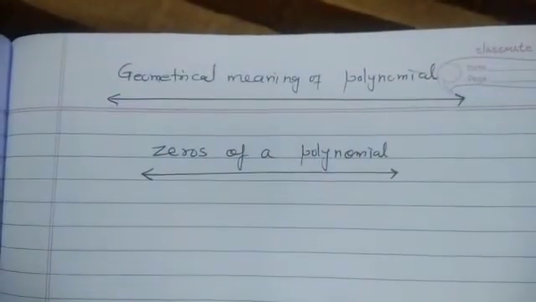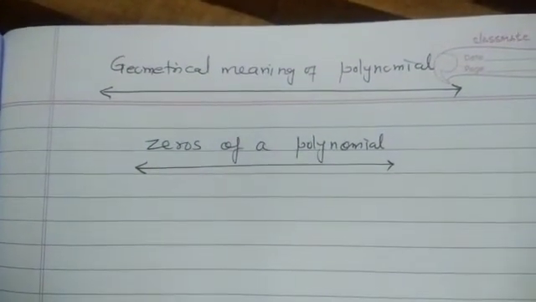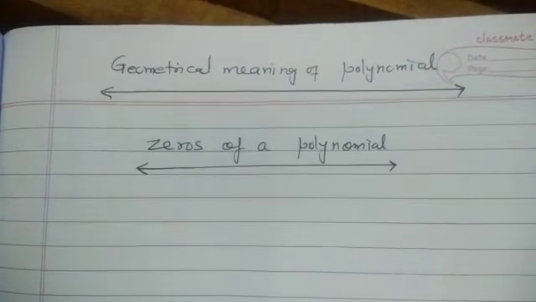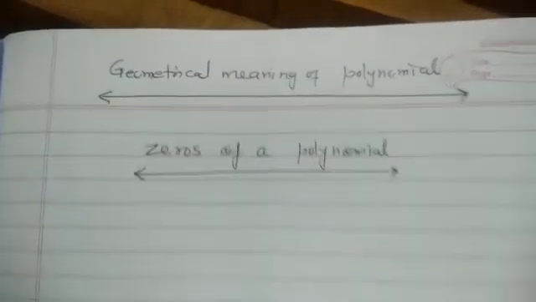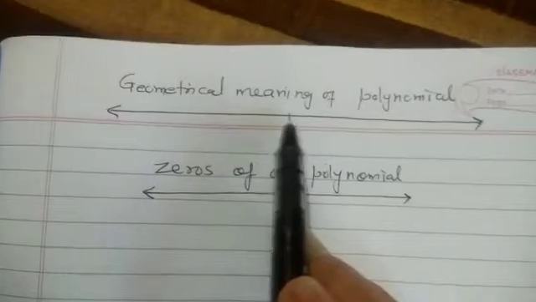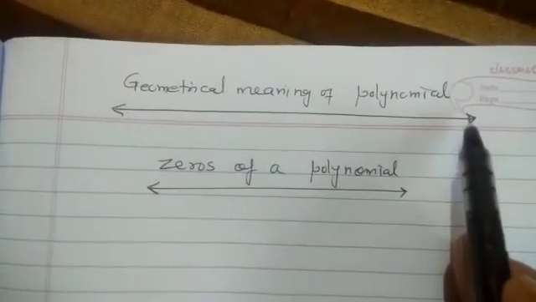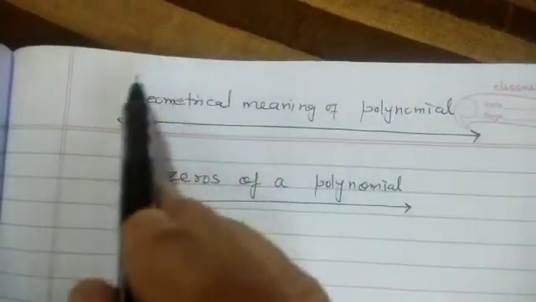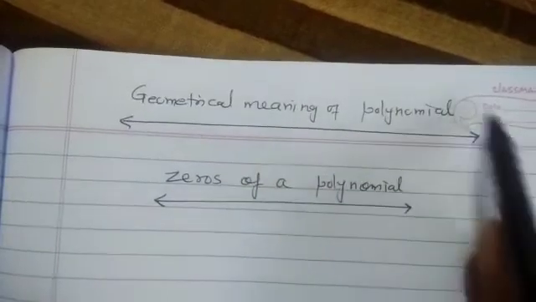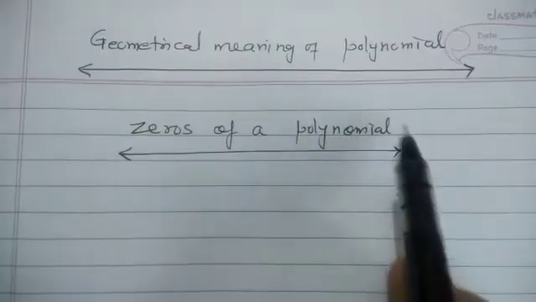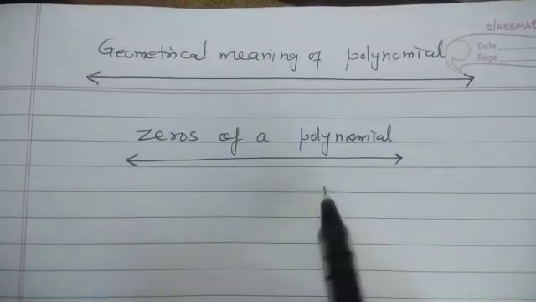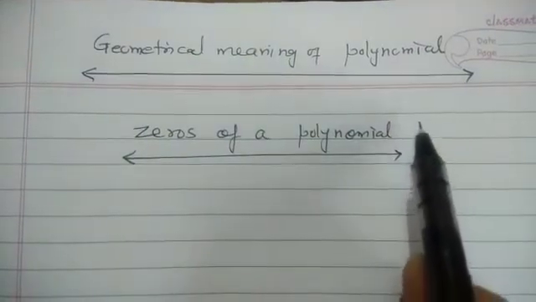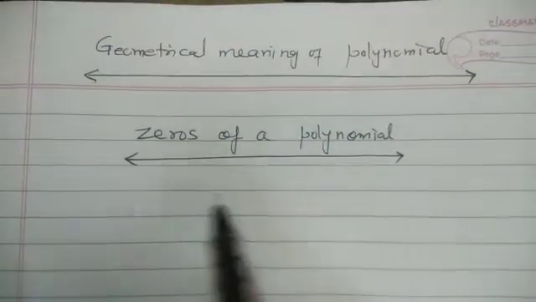Now the new concept that I want to discuss with you, which is in your 10th class, is geometrical meaning of the polynomial. To understand the geometrical meaning of polynomial, first we must know zero of polynomial. This concept already we have discussed in 9th class.